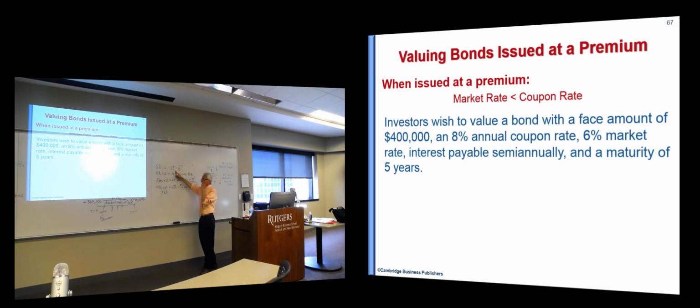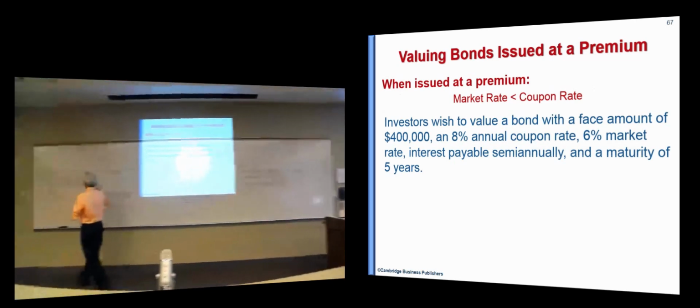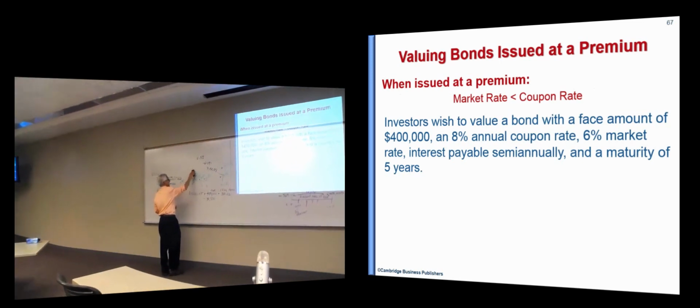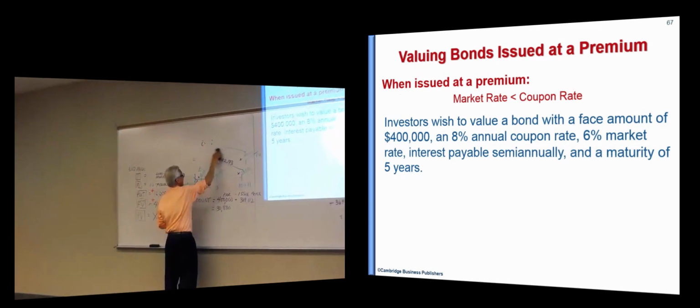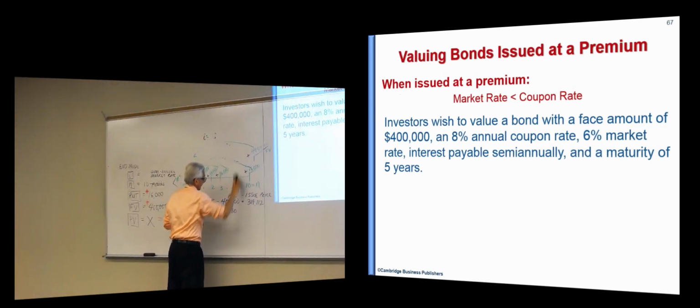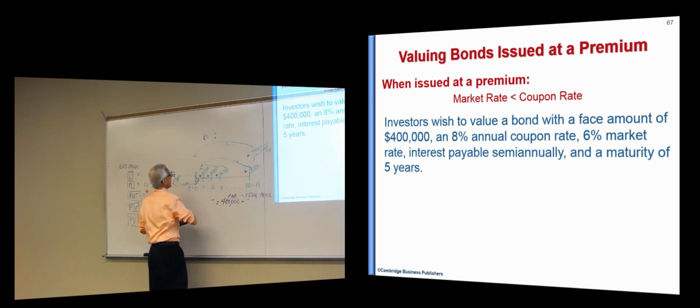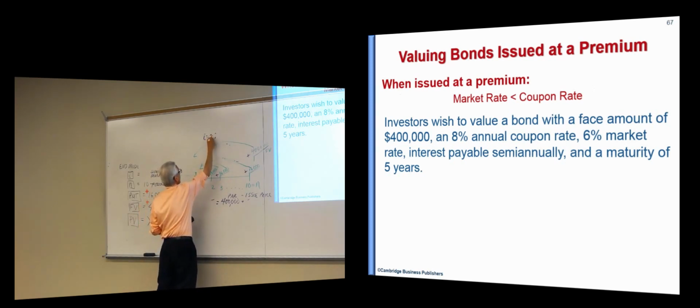That means that the bonds at 8% are more valuable or in greater demand. Demand is greater than supply, which drives up the price, and that price will be above par. It'll sell at a premium.